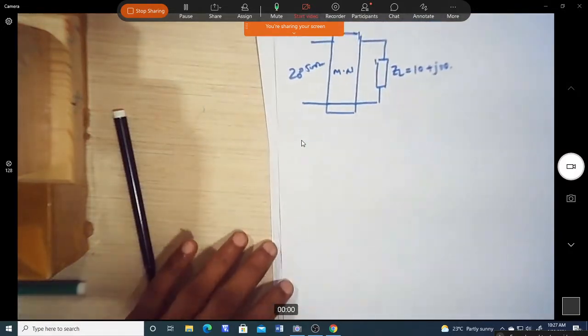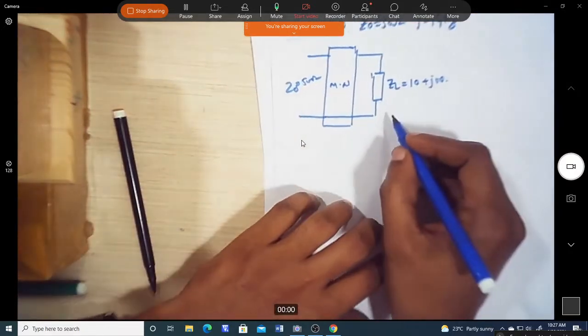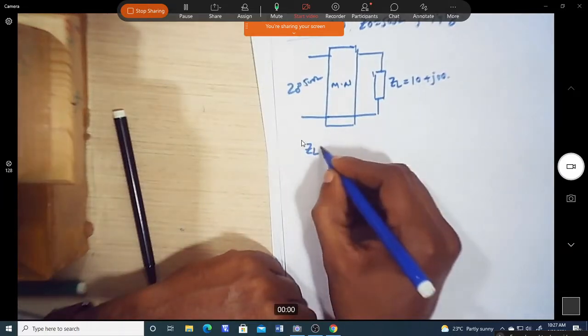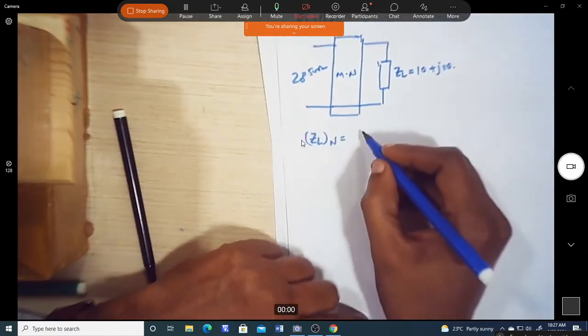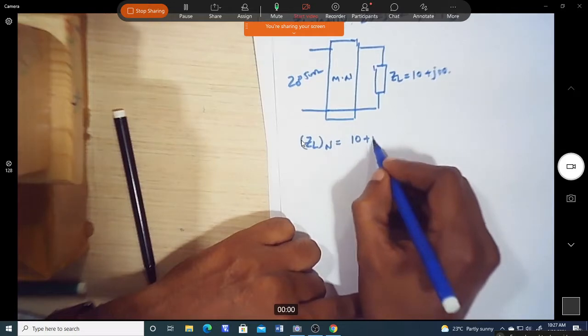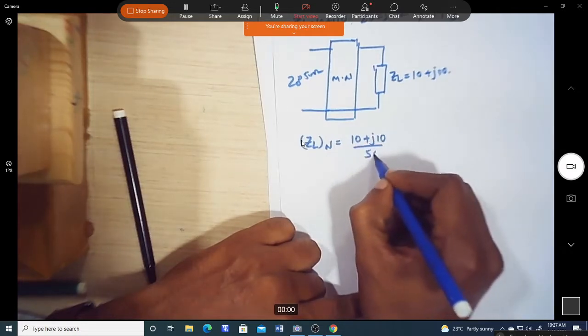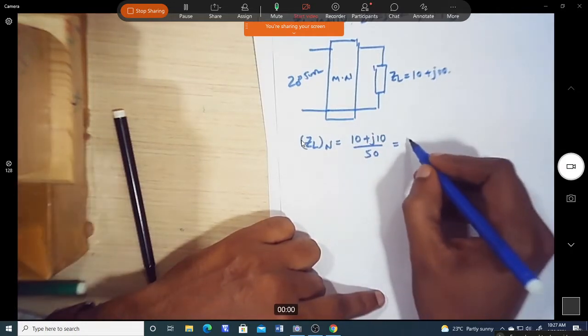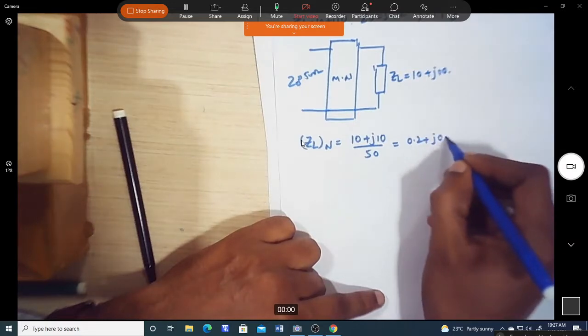Now the first step in this process is to first normalize the value ZL. So we get ZLN, which is equal to 10 plus J10 divided by 50, which is equal to 0.2 plus J0.2.